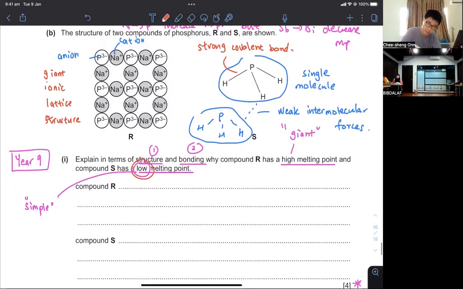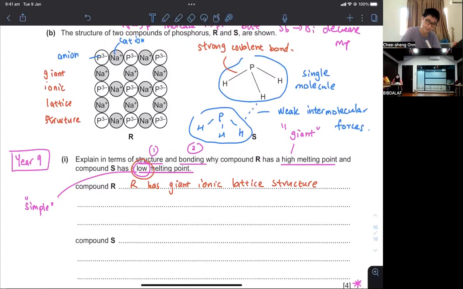Now, we're going to state in terms of structure and bonding. Do not forget, one by one, okay? Compound R has giant ionic lattice structure. So number 1, specify 1 out of the 4. Is it giant ionic, giant covalent, giant metallic, or simple covalent?